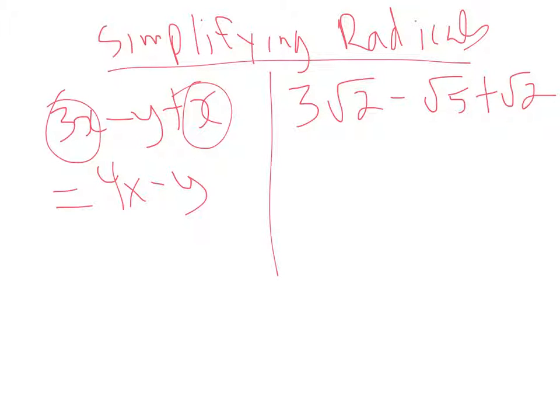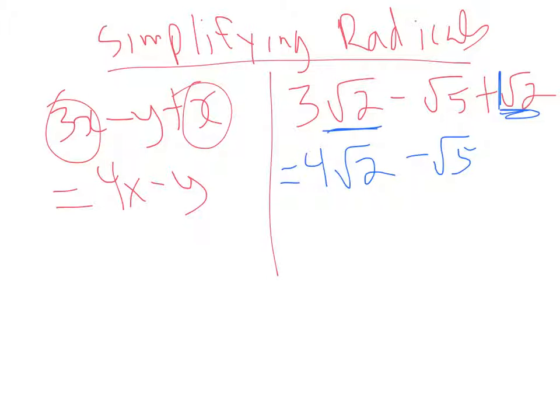Similarly, root 2 and root 2 are your like terms, and this means 1 root 2. So altogether, you've got 3 root 2 plus 1 root 2, which equals 4 root 2 minus root 5. That's as far as you can go. That's called simplifying radicals when you're adding and subtracting, and that's a nice simple one.